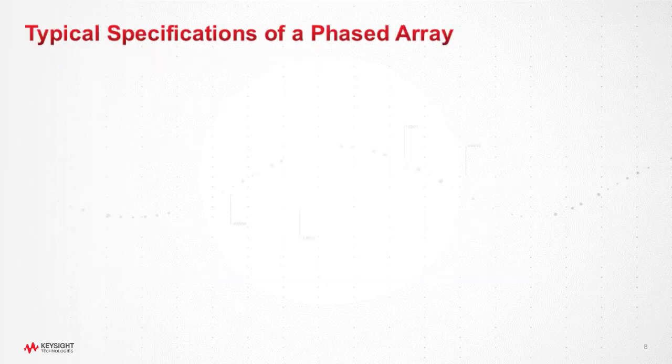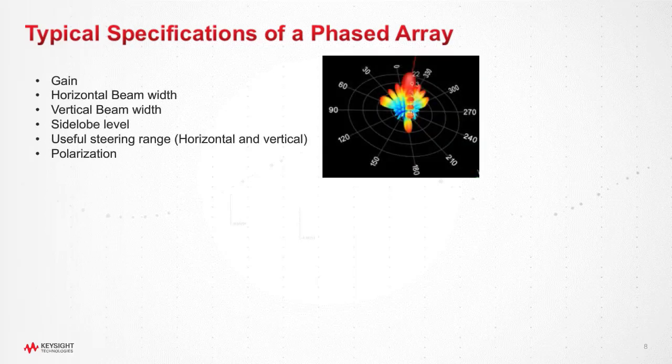Let us look at some typical specifications of a phased array. Even though the phased array specifications can be numerous, we can simplify them into specifying the characteristics of the far field pattern.